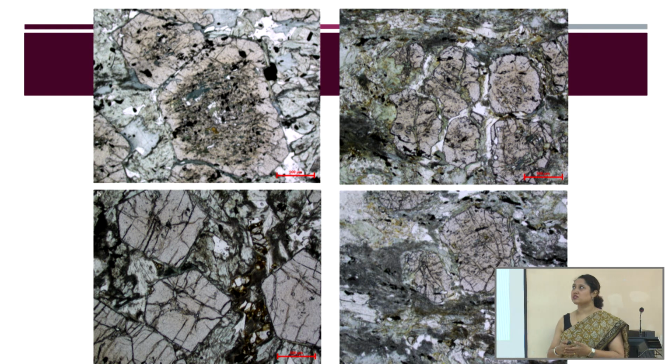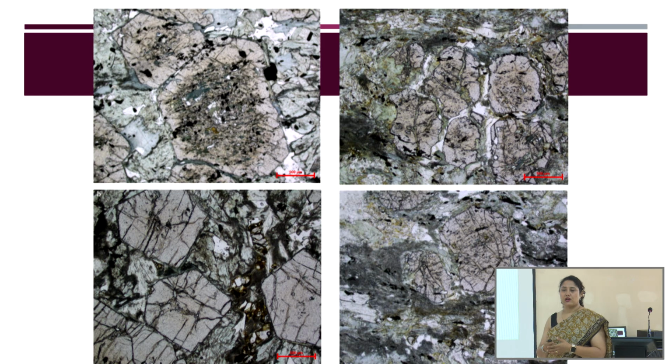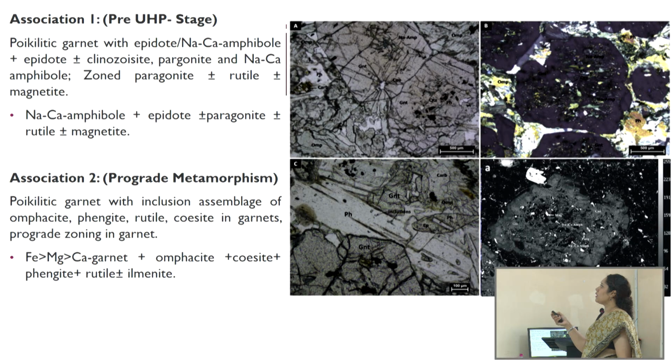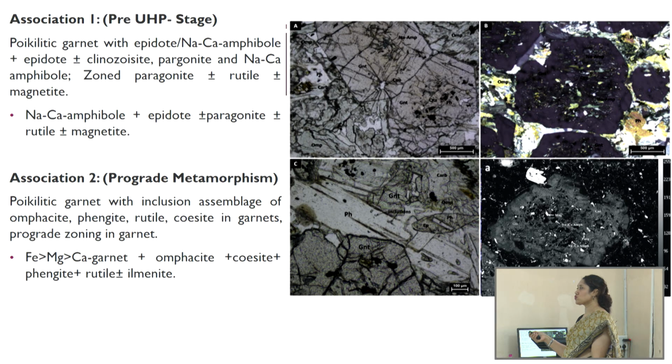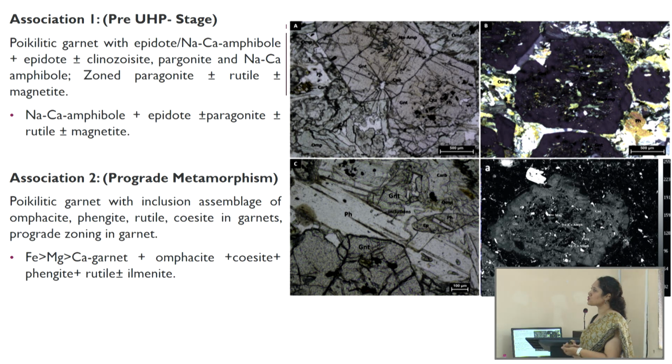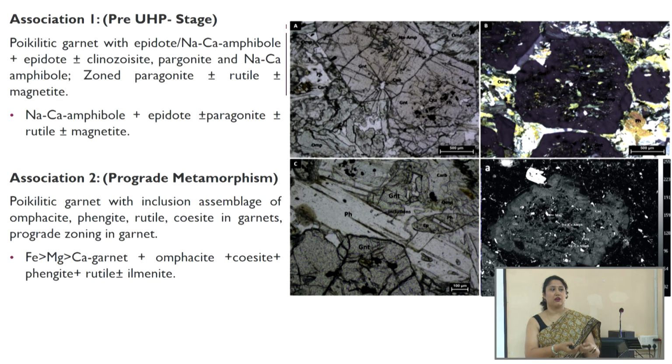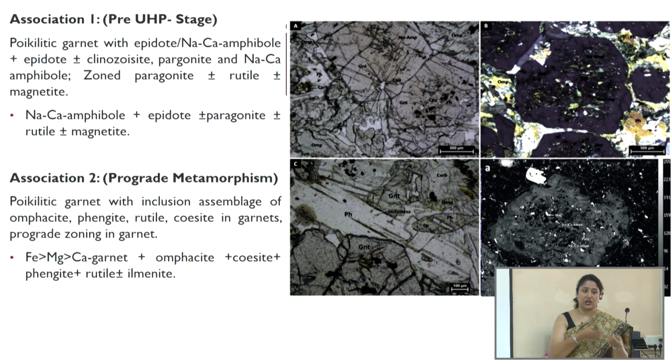We realized that at this point we have already reached the UHP stage, and there is no way to understand what the protolith was, or where these rocks started from. Later, when we analyzed them with the chemistry, we realized that all these inclusions, which you can see very clearly even in the backscattered images, typically represent the pre-UHP phase. The light is too much, I'm sorry. So they represent parts of the protolith which are actually preserved.